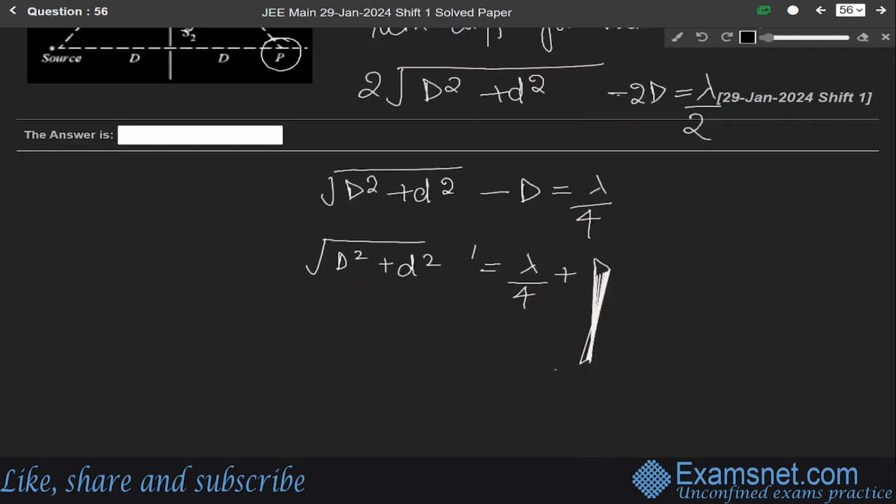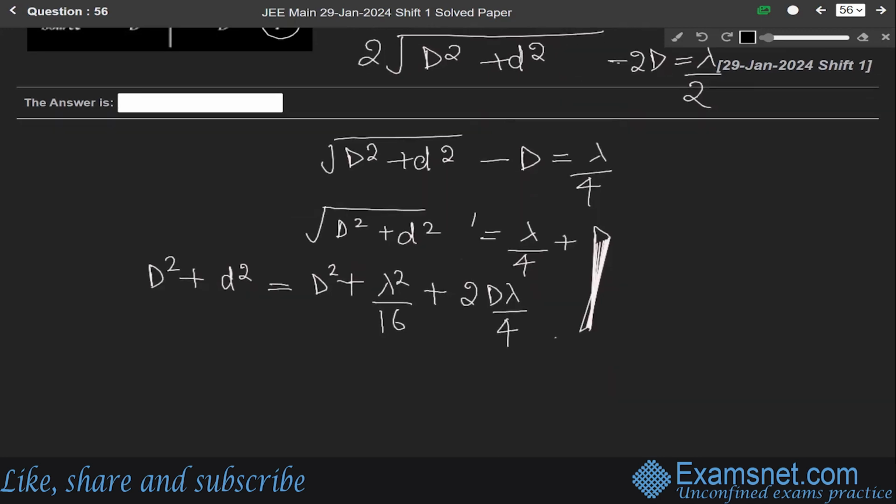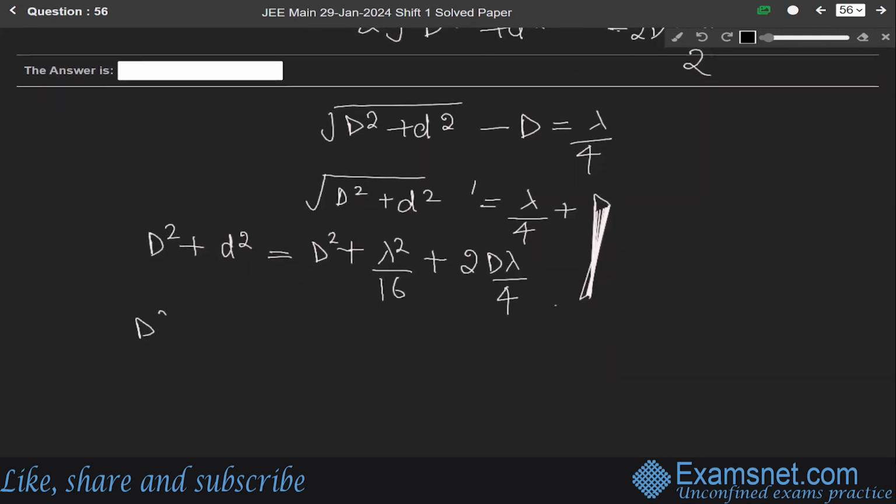So squaring both sides, using a plus b whole square is equal to a square plus b square plus 2ab, we get D square plus d square equals D square plus lambda square by 16 plus lambda D over 2.